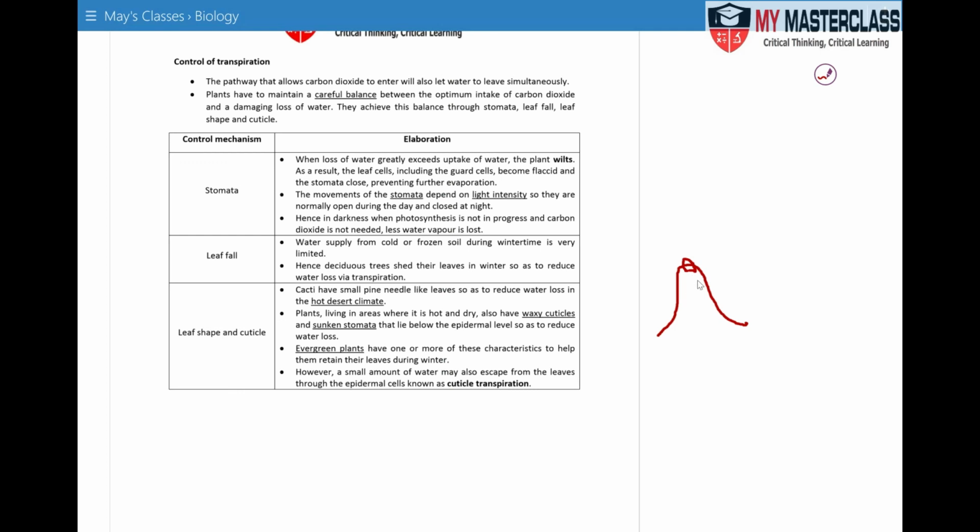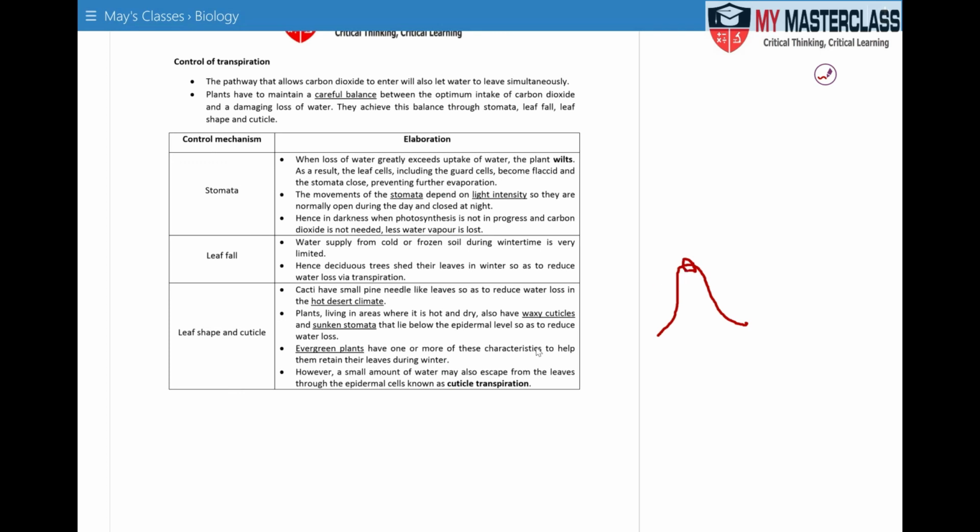When it increases the humidity, the concentration of water in the intercellular air spaces compared to the surroundings is increased. Therefore there will be lower water loss through transpiration.